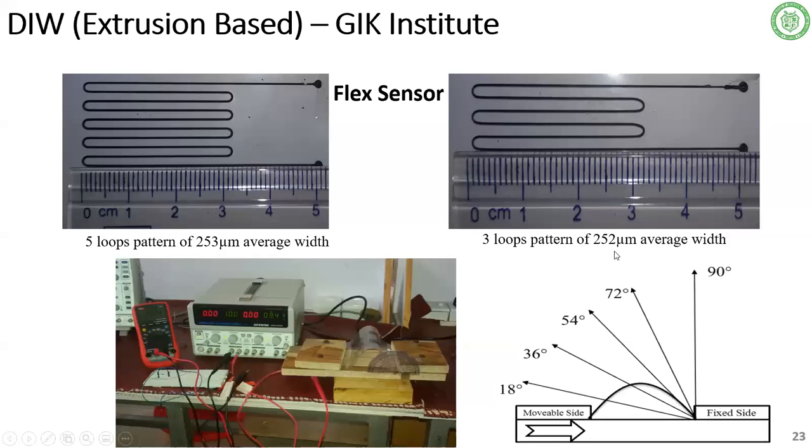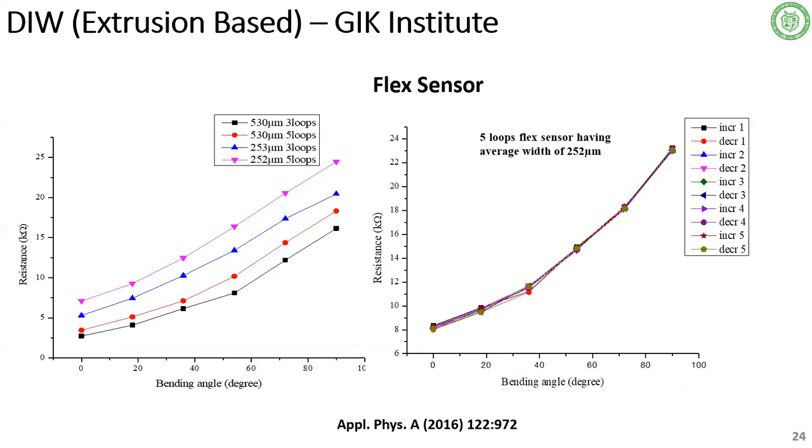The width of the pattern is 250 micrometers, and this is 5 centimeters in dimension. And we put on 3 loops or 5 loops depending on the application, and we built this rig to test it, and at different bending angles we characterized it. This gives us the bending angle with the pattern width and the loops.